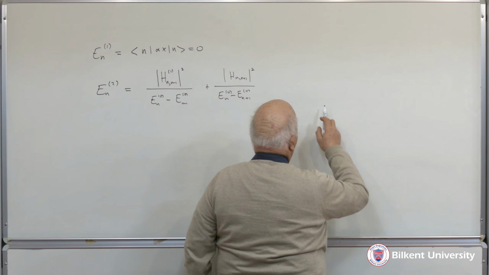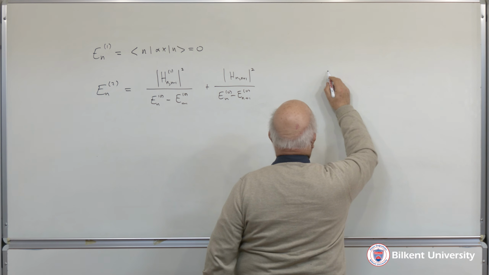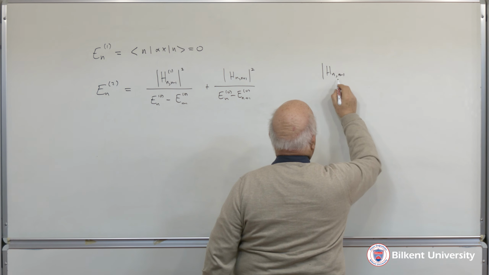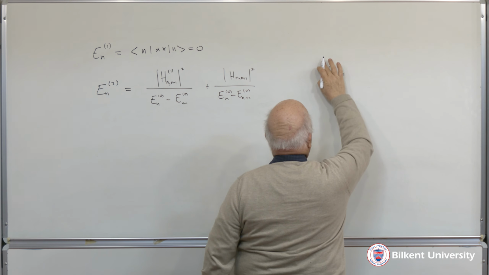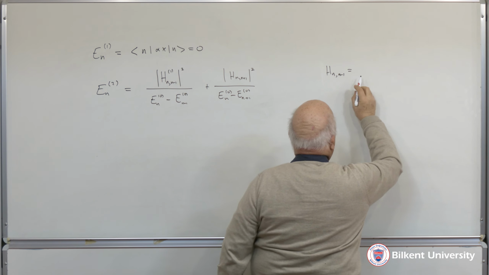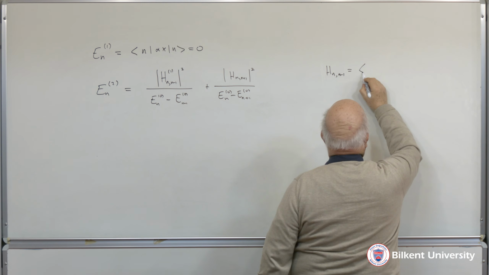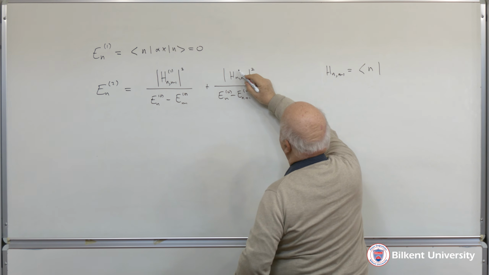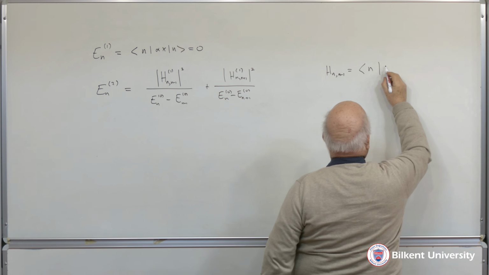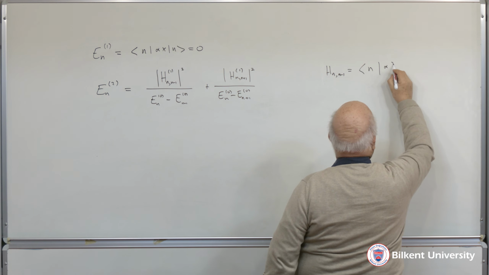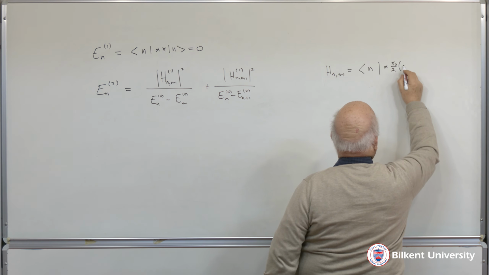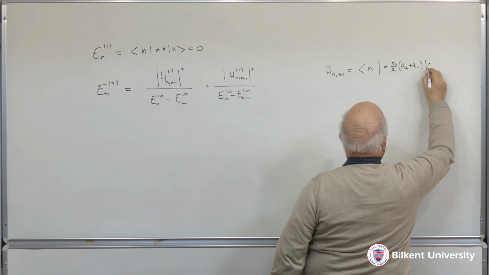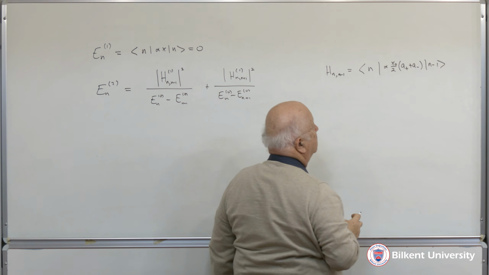So I am interested in finding, for example, H_{n,n-1}. Let's just find that first. Okay, so suppose I have something like this, n, and then this is 1. I have alpha x0 over 2, a plus plus a minus, n minus 1, right?